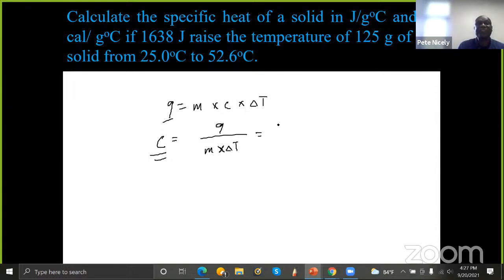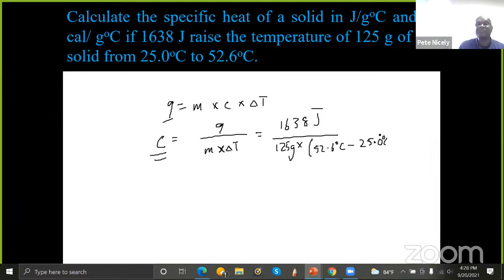The question gave us Q, which is 1638 joules, which is the amount of heat, divided by the mass, which is equal to 125 grams, times delta T, which is the change in temperature. So it's 52.6 degrees Celsius minus 25.0 degrees Celsius. All right, so that's basically the setup.